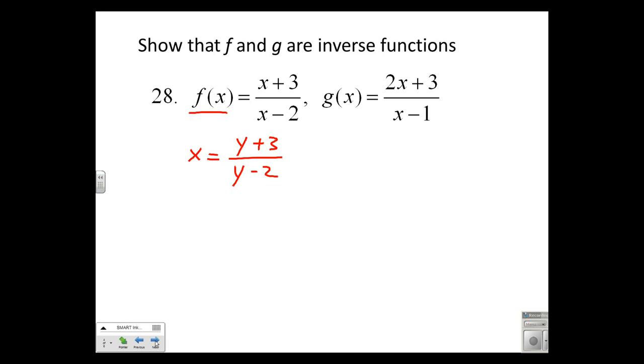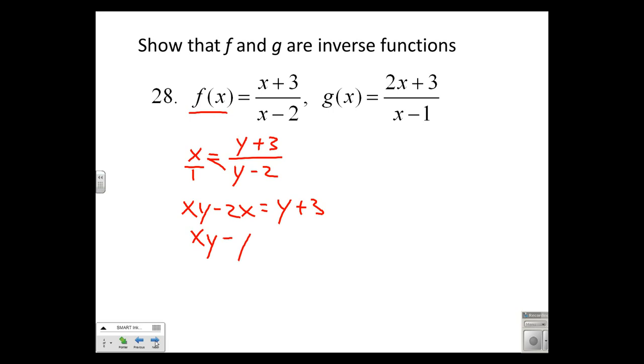And I'm going to solve this equation for y, which seems okay on the front, but we've got two different y's. I'm going to cross multiply to get the y out of the denominator, and I get xy minus 2x equals y plus 3. I'm going to group my y's.